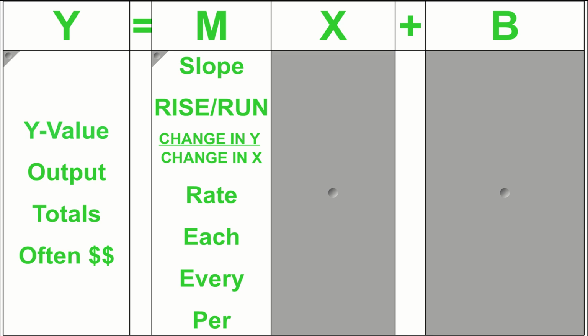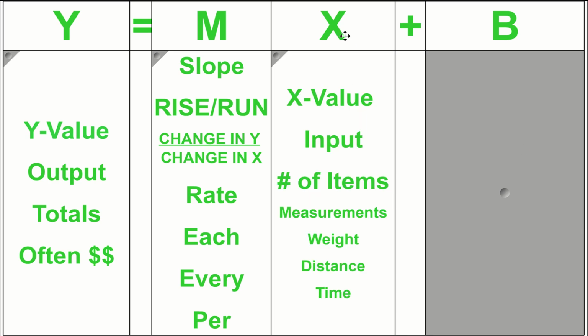For x values, our x's, those are x values. Those are the input. A lot of times those are number of items. So if it talks about like different things, like it says how many of them there are, that's going to be your x value. Measurements, weights, distance, time, those also work as x values.